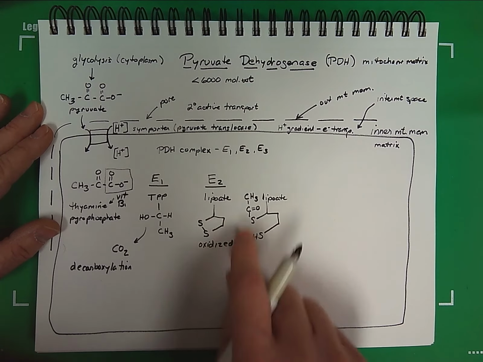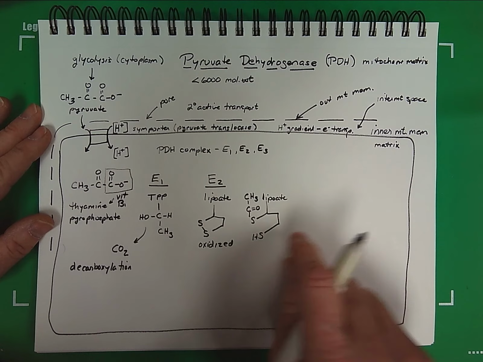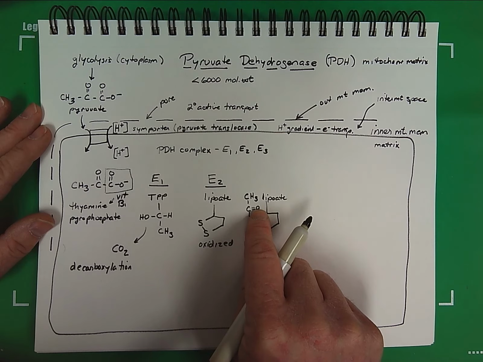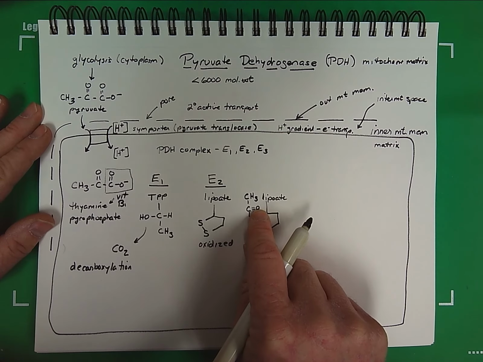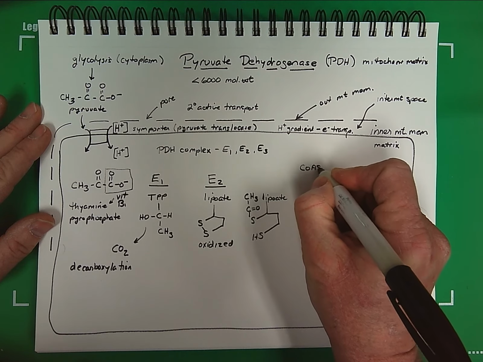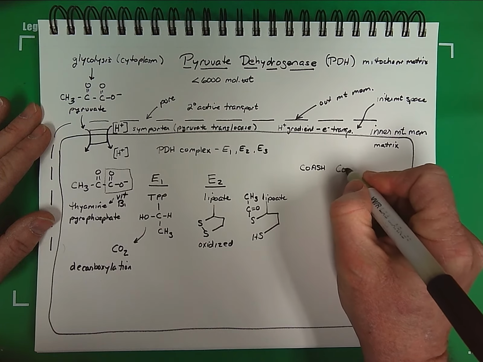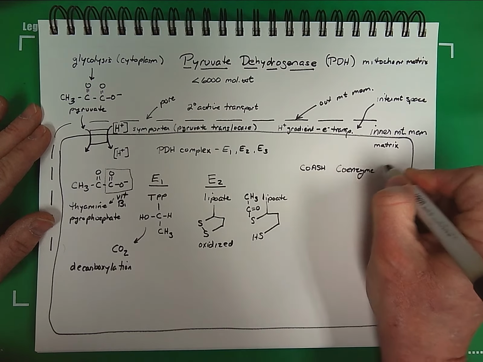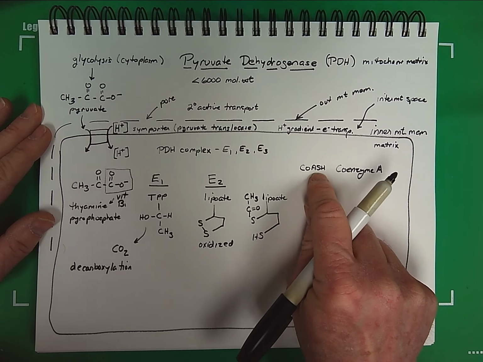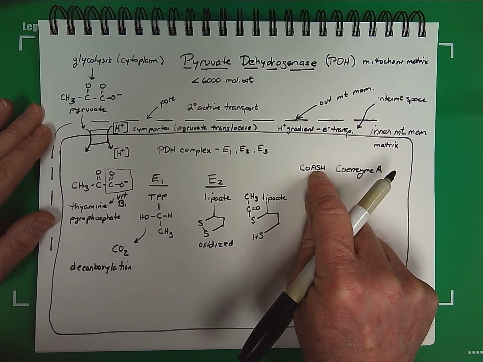Now the next step of this reaction that also occurs in the E2 complex, the E2 subunit, is displacement of this acetyl group with another cofactor. This particular cofactor now is called coenzyme A. The coenzyme A is written as such to show the important functional group in coenzyme A is a free sulfur group.